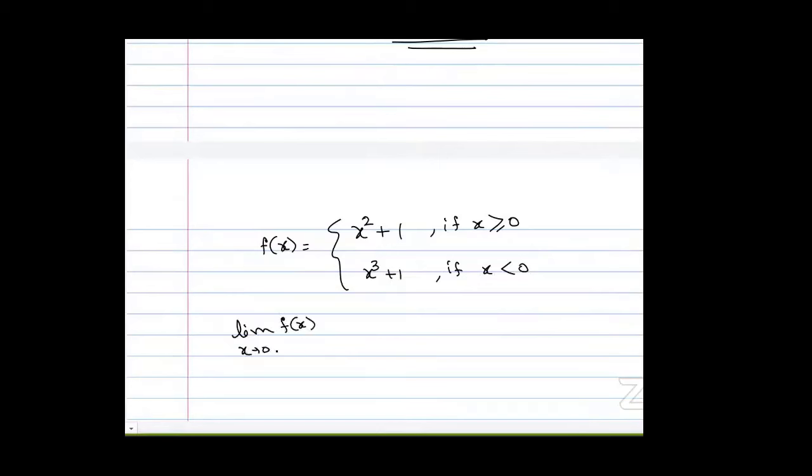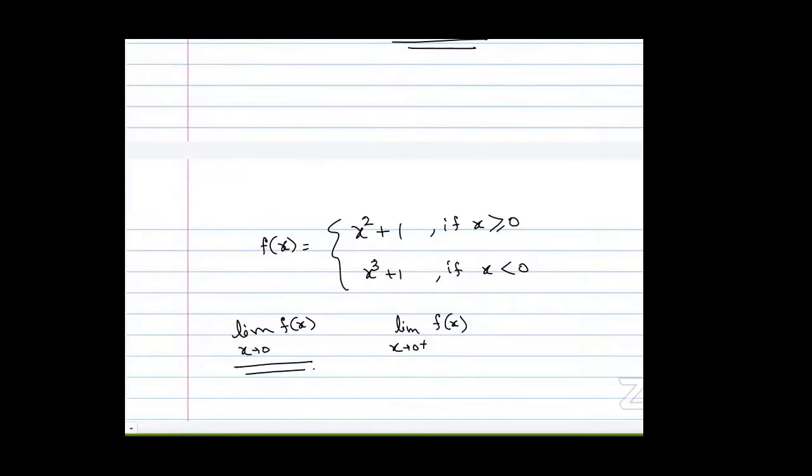Okay, so let me give you another example. Suppose I am taking this function: x square plus 1 if x is greater than or equal to 0, and something else if x is strictly less than 0. Can you tell me, if I want to calculate the limit as x tends to 0 of f(x), what will be the limit? What will be the right hand limit? 1.